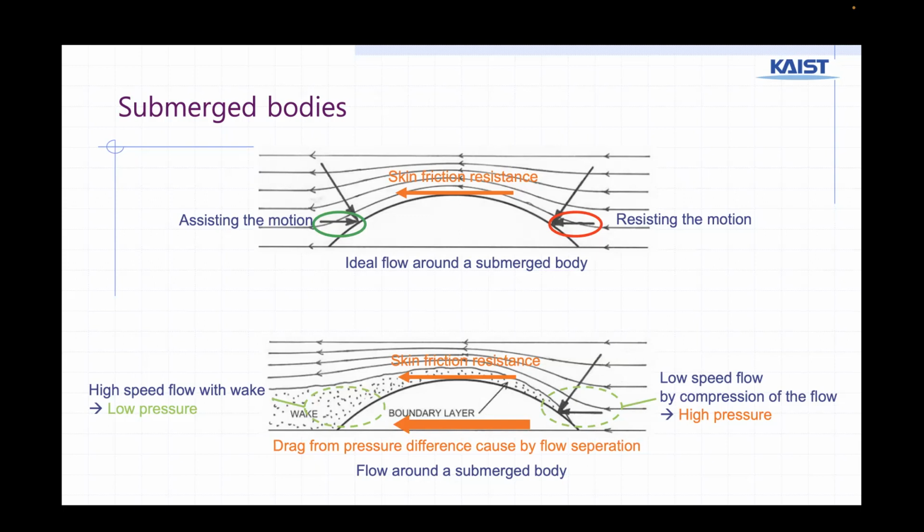At the front of the body, the flow is compressed by the submerged body moving forward, and at the rear side of the body, wakes are formed with flow separation. So the pressure at the front is high and the pressure at the rear side is low. This pressure difference significantly contributes to the drag. Understanding these elements is essential for optimizing hull designs and enhancing ship efficiency.